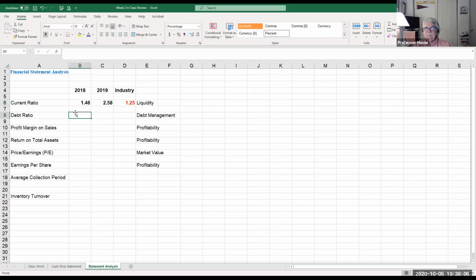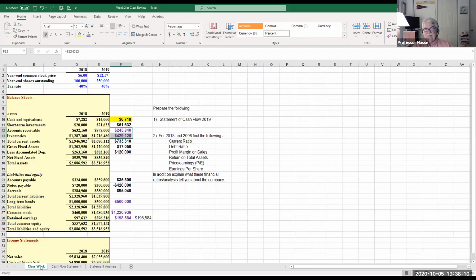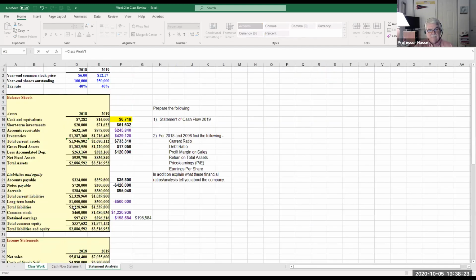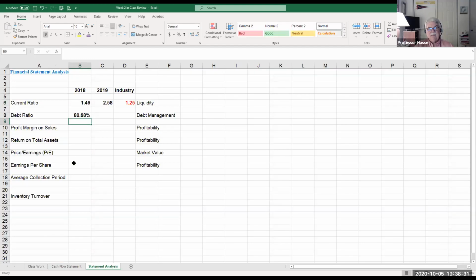Debt ratio: total debt divided by total assets. Total debt, right there, divided by total assets for 2018, is 80.68%.